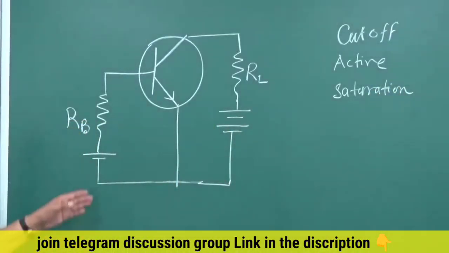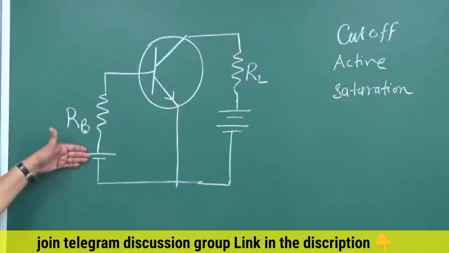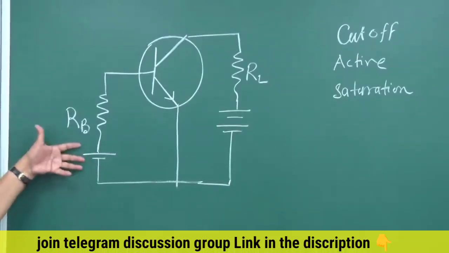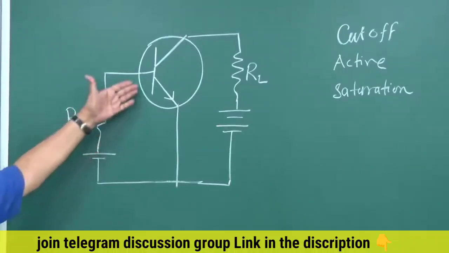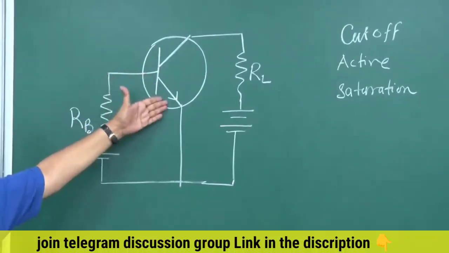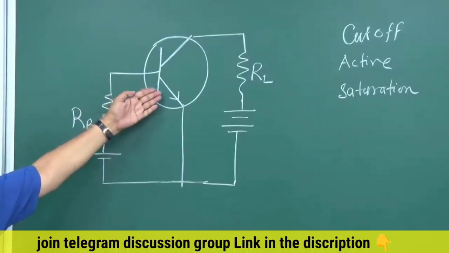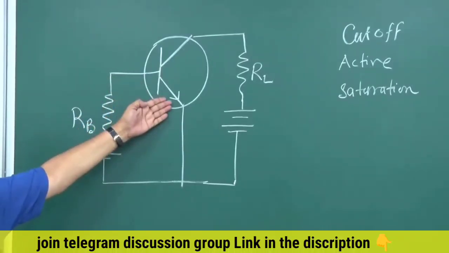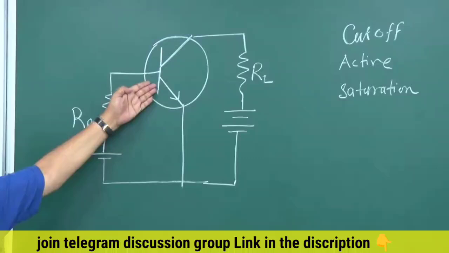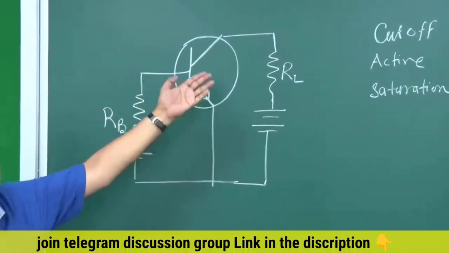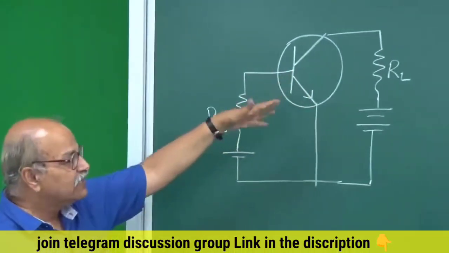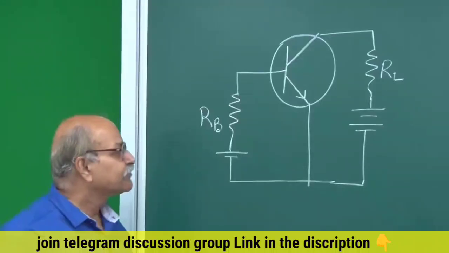Cutoff means this biasing voltage in the base circuit is very small, or there is no biasing, so that this base emitter junction is not forward biased or not sufficiently forward biased. In that case, there is no injection of charge carriers from the emitter to the base, and therefore no current anywhere, and that is cutoff. It looks trivial, but yes, it is important.